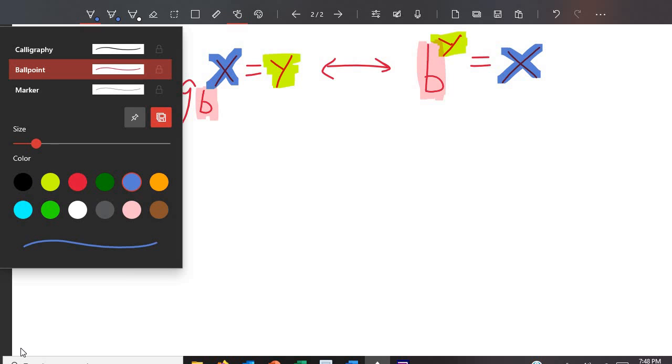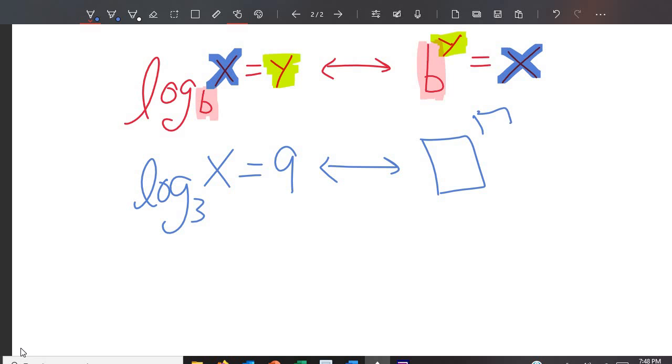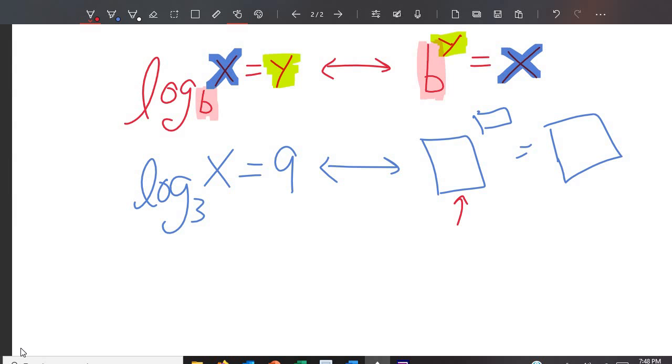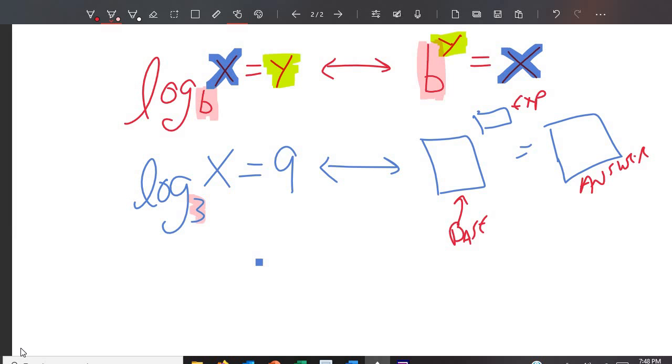We have to be able to go from this form into what we call exponential form. I'm going to draw a little box here, put a little box here, and put a little box here. This is the base. Obviously, that's the base. That's the exponent. And this is the answer. Well, the base in this problem is 3.